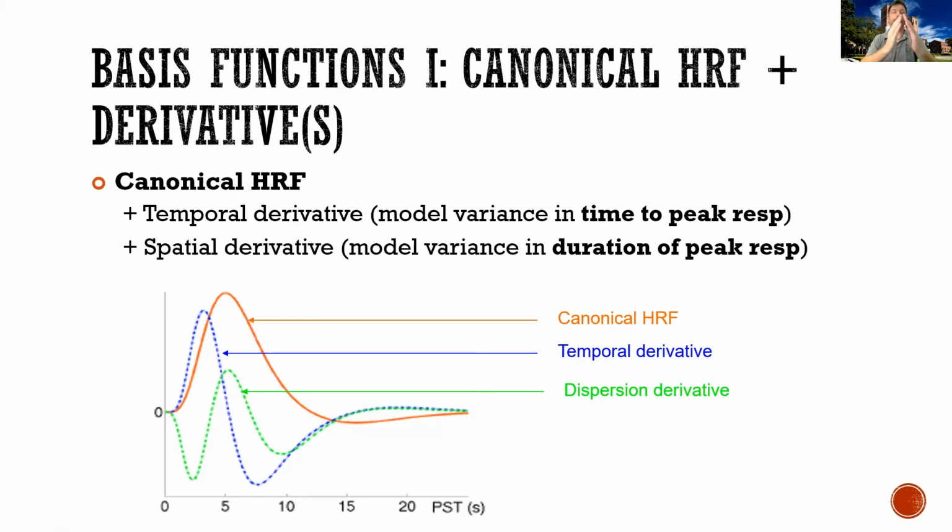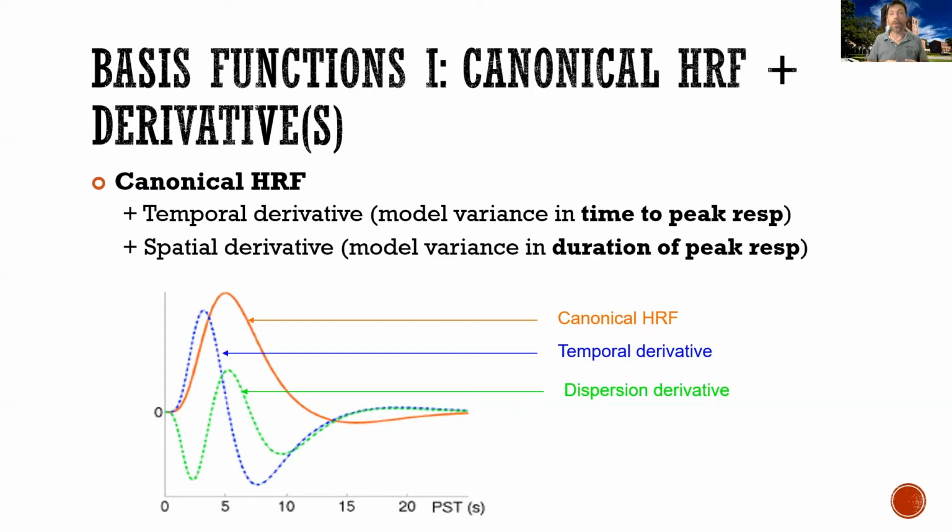And now if somebody happens to have a wider or a narrower HRF, you can use the second derivative in order to adjust for that, which is wonderful because it gives us more flexibility to better match the HRF of this one particular participant.